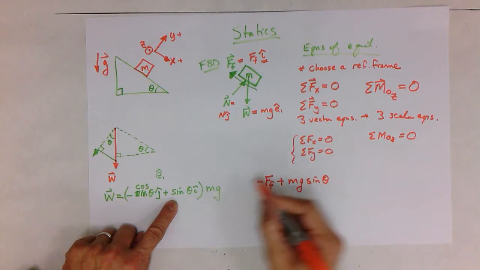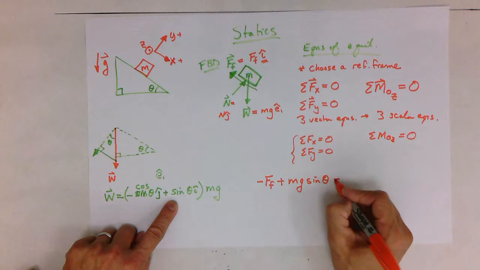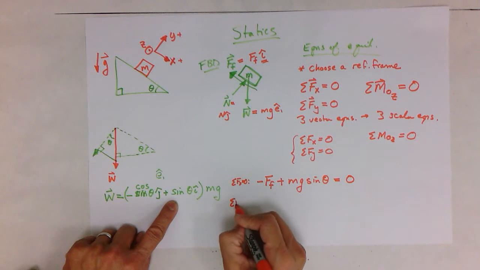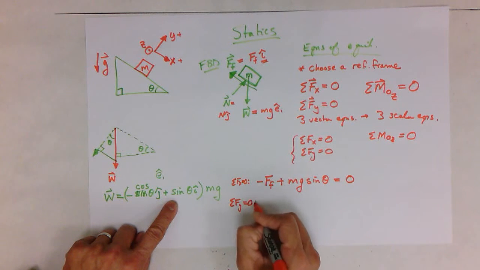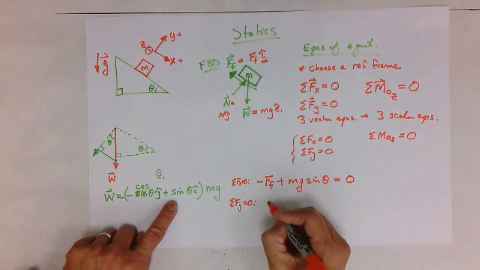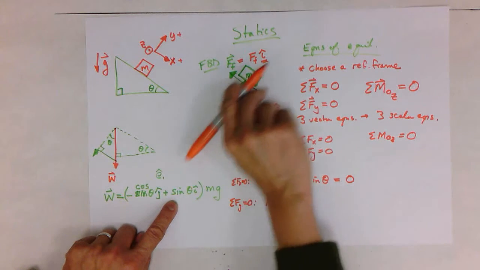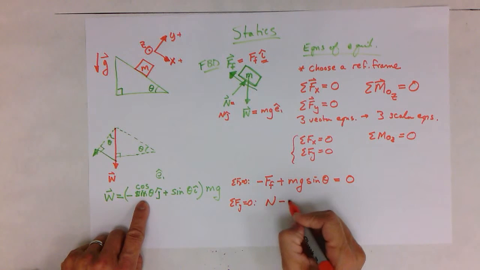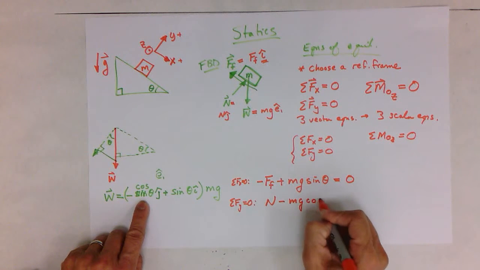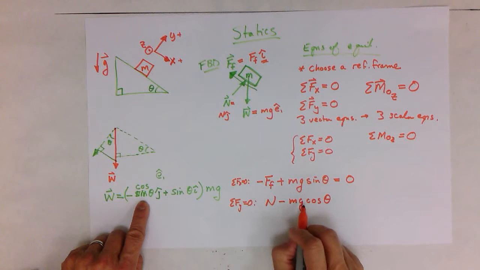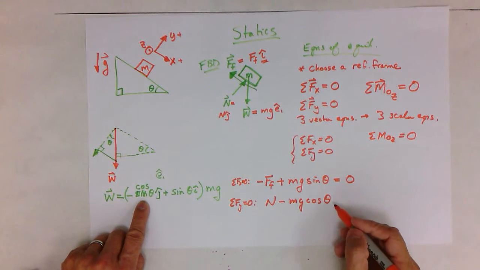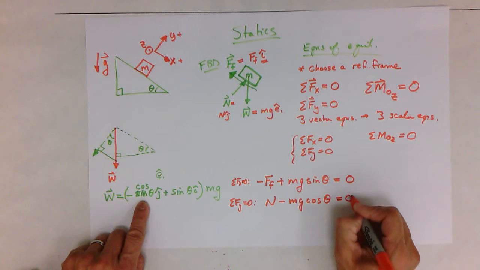That's the i term. There's no other terms in this direction, so that's 0. So this was the sum of the x's equal to 0 equation. Sum of the forces in the y direction equation: we have N going in the positive y direction minus mg cosine theta. There's no component of F sub f in the y direction, so this is equal to 0.